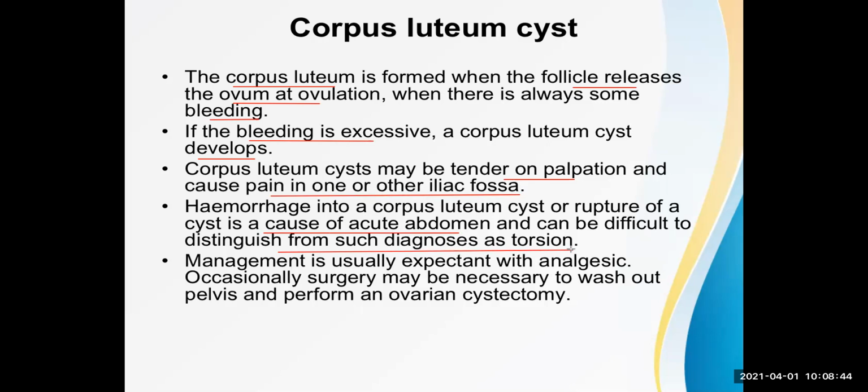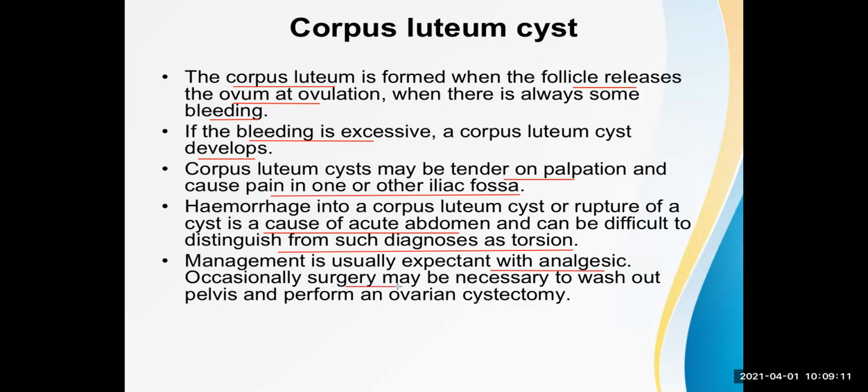Now, we have already discussed the acute abdomen class. Acute abdomen means acute pain in the abdomen, mainly because of a surgical reason. So one of the differential diagnoses regarding the female patient is corpus luteal cyst rupture. Management is usually expectant with analgesic.